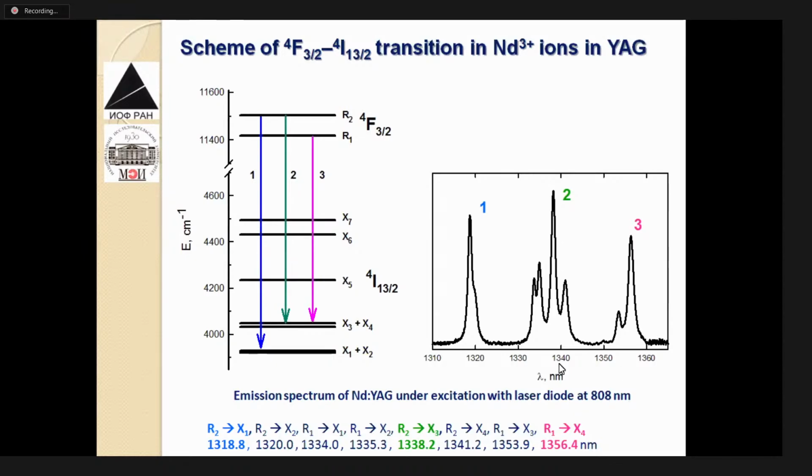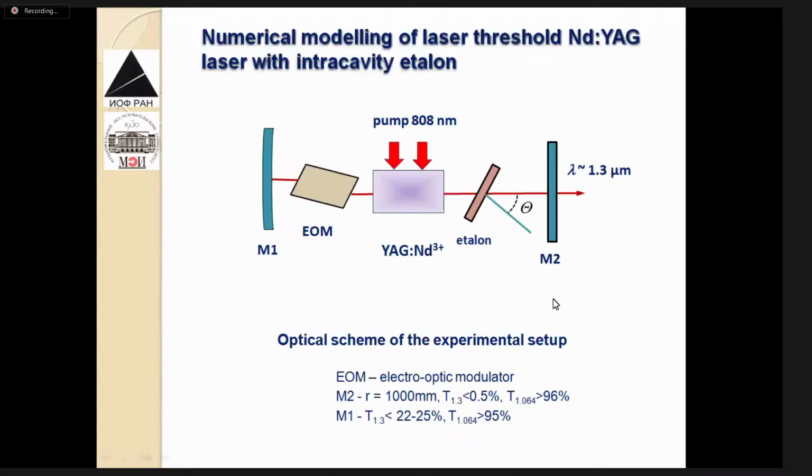So in our work, we decided to obtain multi-wavelength oscillation at these three spectral components. To do this, it is necessary to somehow equalize the laser amplification gain in the cavity at these three wavelengths.